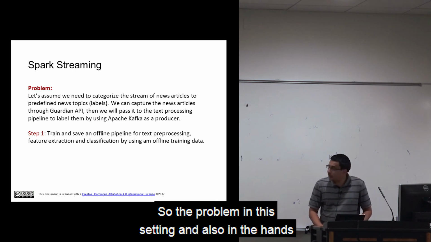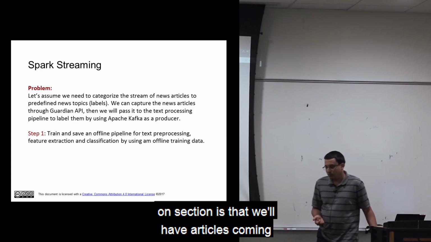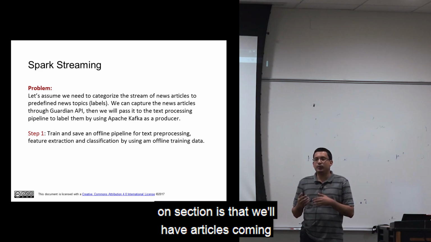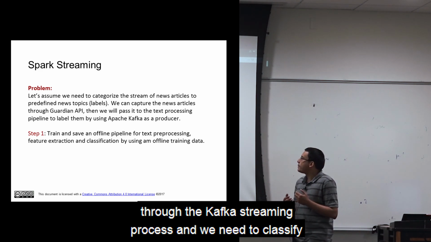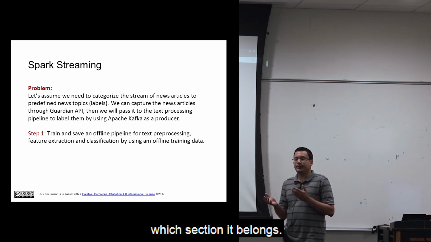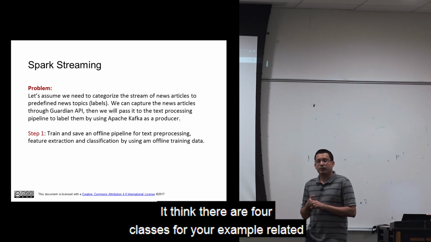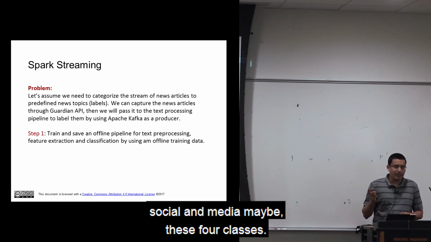So, the problem in this setting, also in the hands-on section, is that we will have articles coming through the Kafka streaming process, and we need to classify which section they belong to. I think there are 4 classes in your example related to politics, business, social, and media maybe.